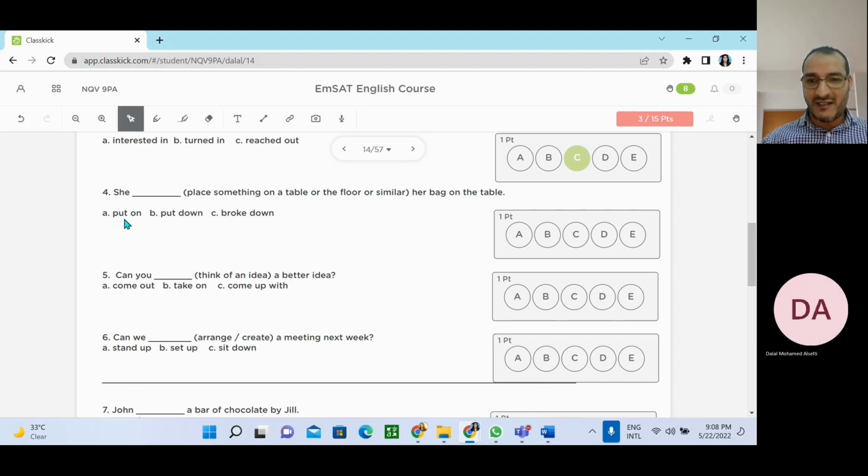This is put on clothes. But I don't say put on a bag. I say put down a bag. Oh, really? So put down means place it on something, place it on the table, place it on the floor. By the way, this is a phrasal verb. Yeah, these questions are based on phrasal verbs actually.